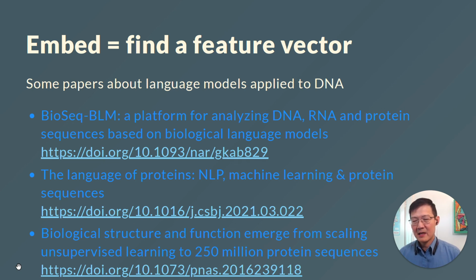So there is somehow a similarity between the way we represent DNA and natural language. We can represent these biological sequences in a feature space very similar to the way that we are representing natural language.